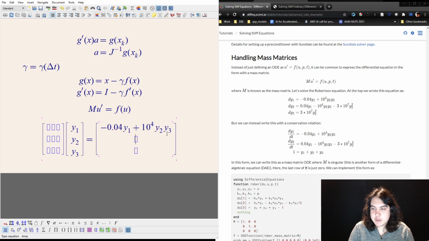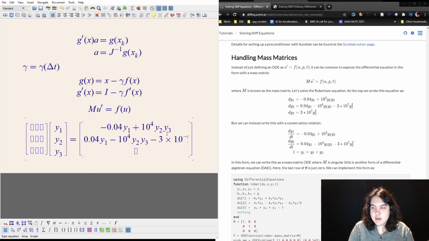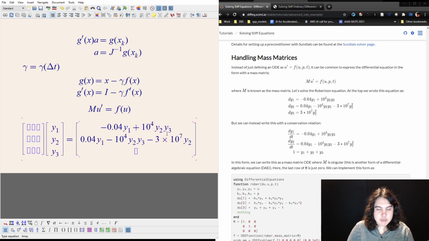That's the first equation. Then 0.04 y1 minus 10 to the 4th y2 y3. Notice the time scale separation is pretty gigantic in this case. Minus 3 times 10 to the 7th y2. And our last equation is y1 plus y2 plus y3, and then there's an equals 1.